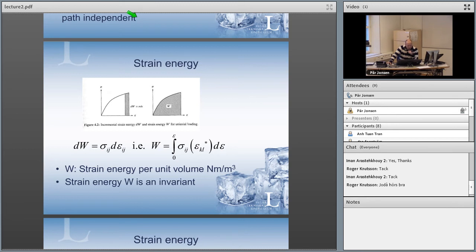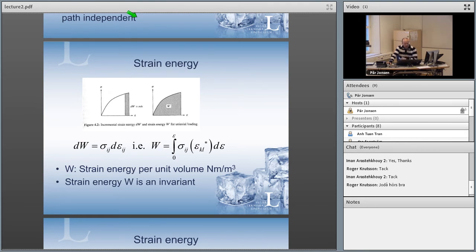So you can take a small step here and look at how much elastic energy you have for each step that I take. And strain energy is measured per unit volume. It's also measurable. You usually measure that in an experiment for some kind of process.